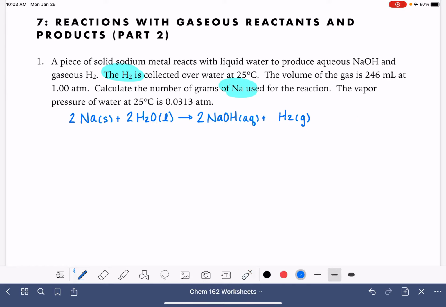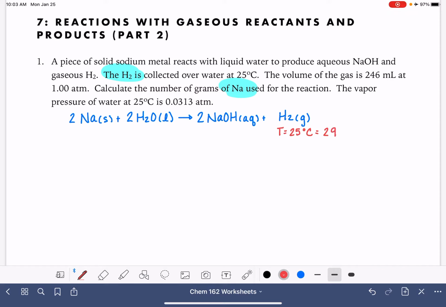So let's write the data that we have in this problem just to kind of get rid of the words. It says the hydrogen gas is collected over water at 25 degrees C. So that means the temperature is 25 degrees Celsius. And let's just go right ahead and convert that into Kelvin because we know we're going to be doing some PV equals nRT type stuff.